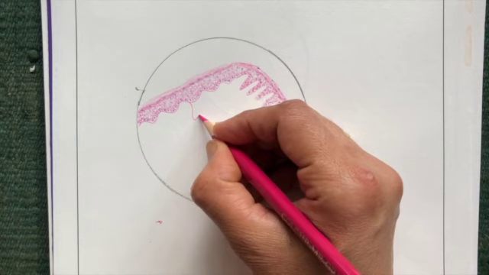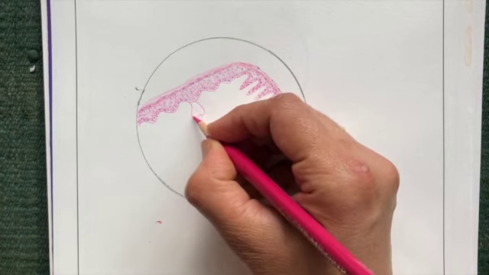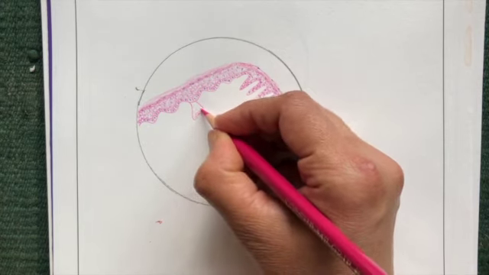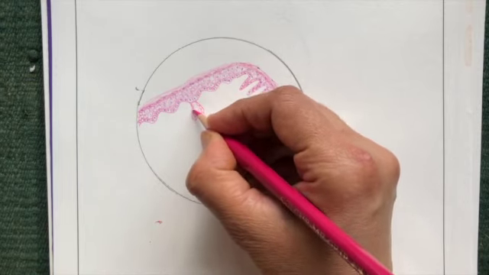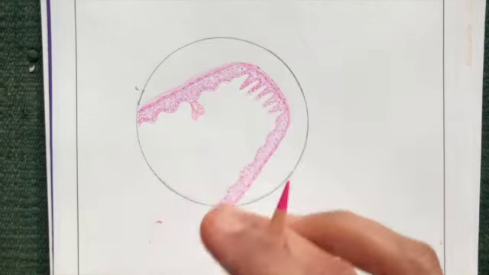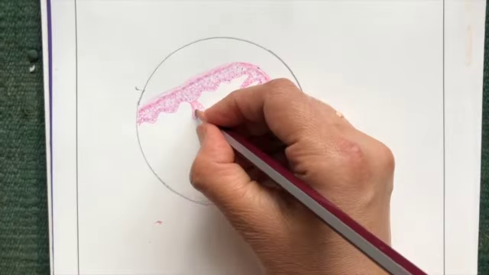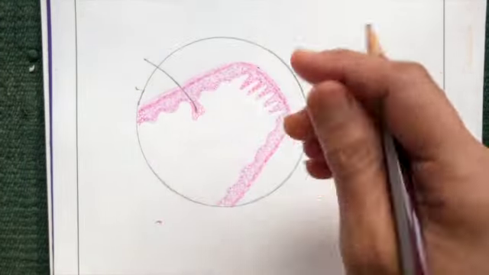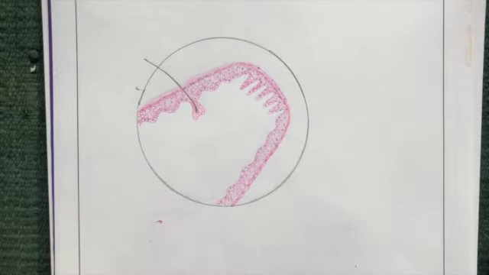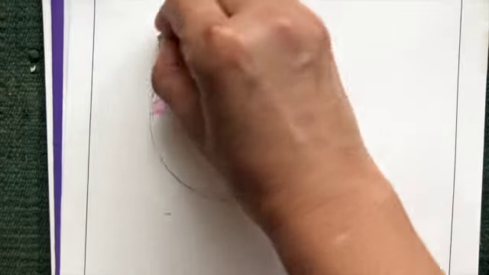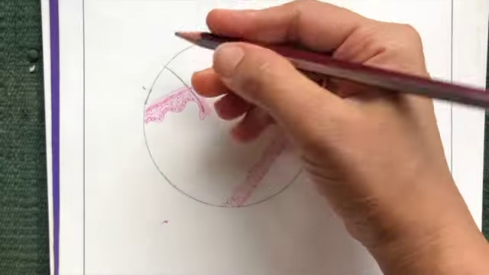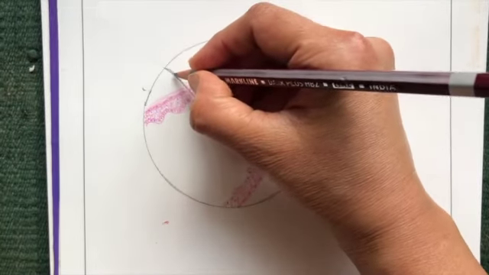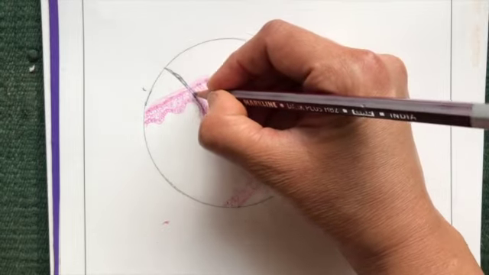So we'll draw a hair follicle like this with all the cells of that area too, with the keratin area, and then a hair from it. So this is the hair coming from the hair follicle in the skin zone.